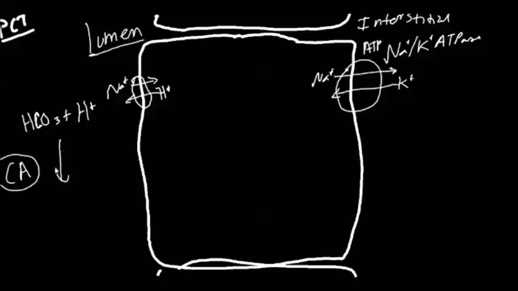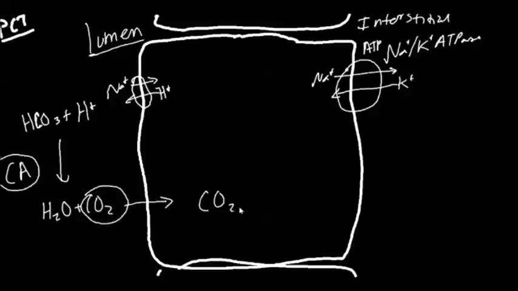This is going to convert the bicarbonate plus a hydrogen ion into H2O plus CO2. Remember, it was this reaction. It's reversible. However, in the lumen, we're going to drive it to the formation of water and carbon dioxide. This carbon dioxide is going to go into the cell, and it's going to find water that's inside the cell.